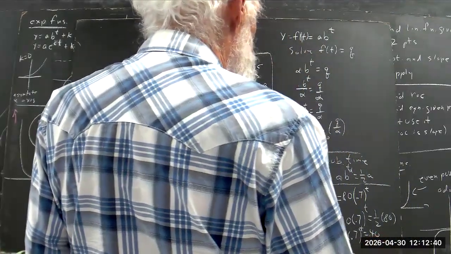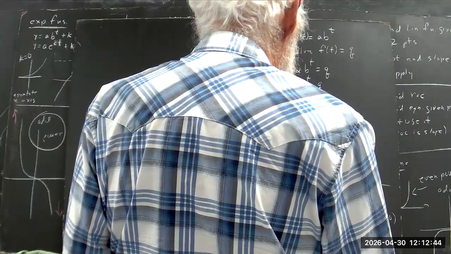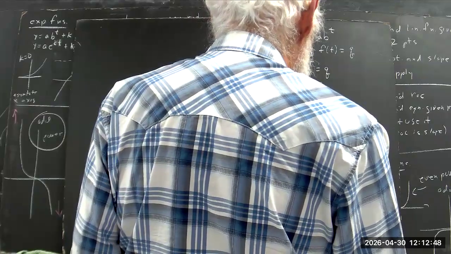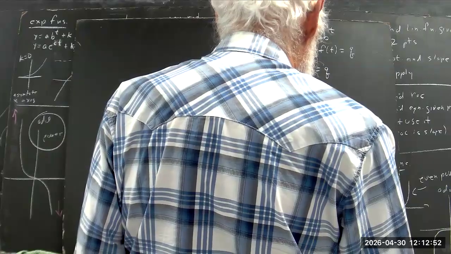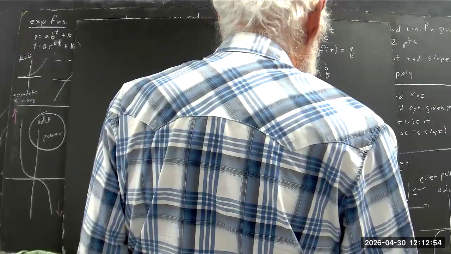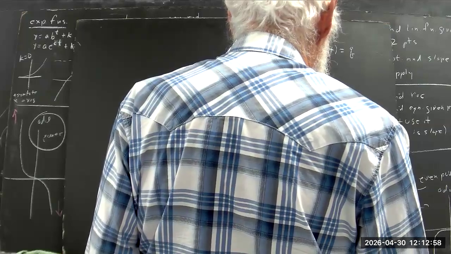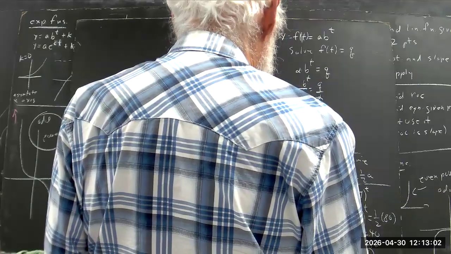Divide both sides by 80. And you get 0.7 to the t equals 1/2.